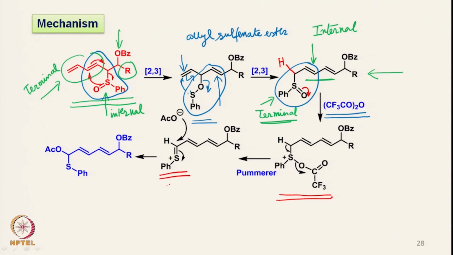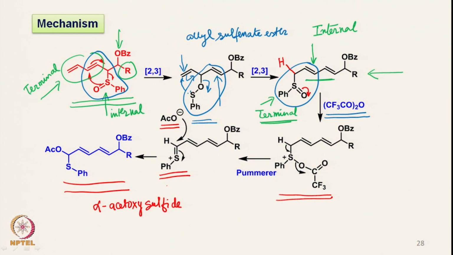This sulfonium ion is then attacked by the nucleophile, which is present as an acetate ion, to form this particular alpha acetoxy sulfide. So you have an alpha acetoxy sulfide from this particular rearrangement.